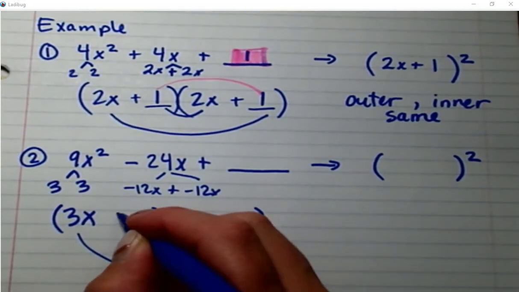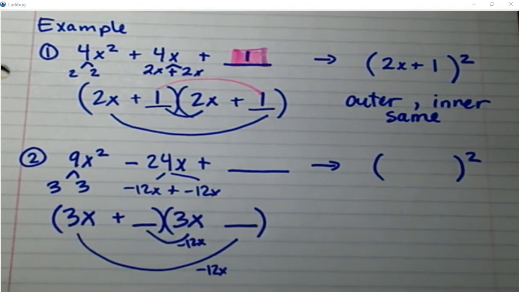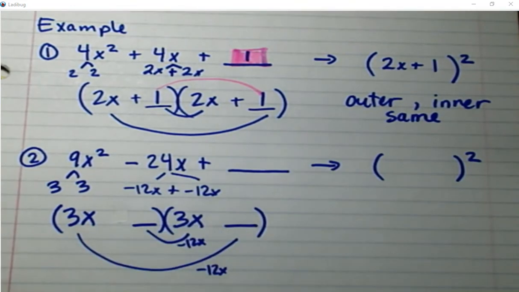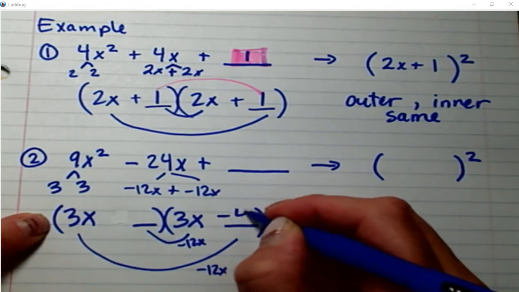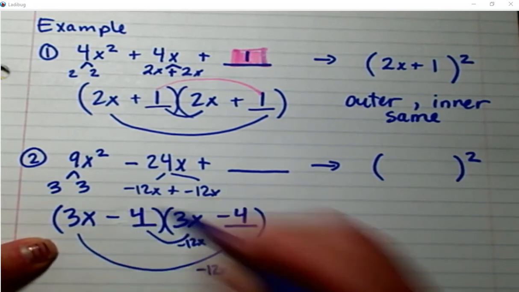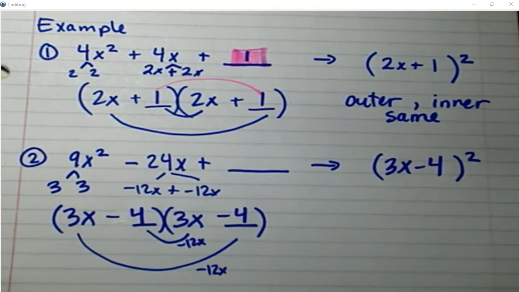Okay, what goes here in that spot? Minus 4. 3x times what gives me minus 12x? Okay, so 3x minus 4.